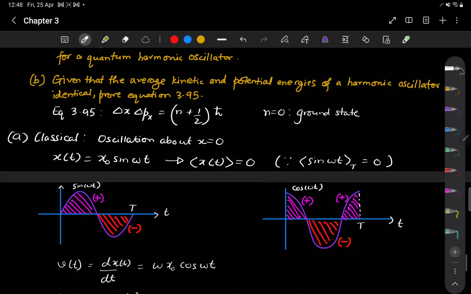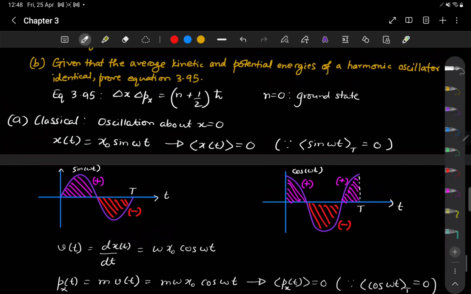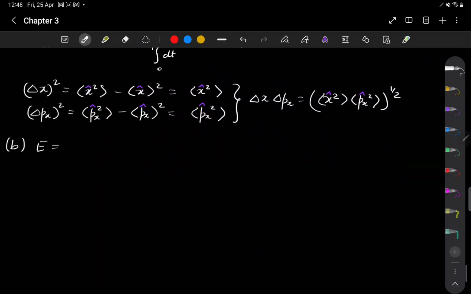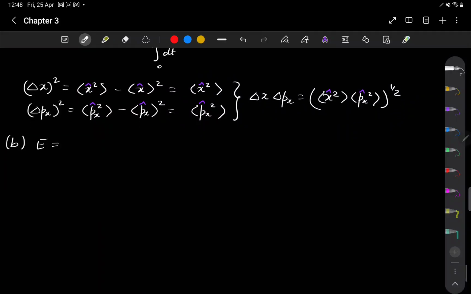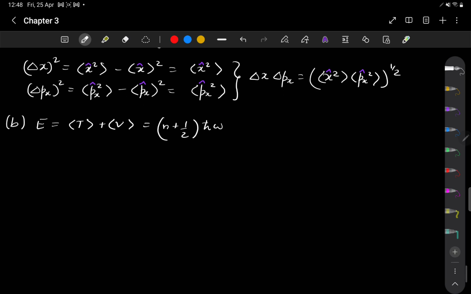And we need to arrive at this expression by making use of the expressions for energies. Now energy, we know, is the sum of kinetic energy and potential energy terms, and for the quantum harmonic oscillator it is given as (n plus half) h cross omega.